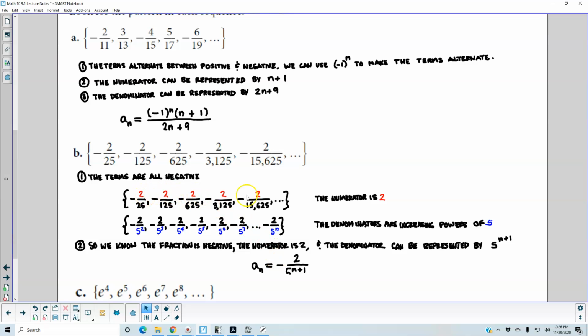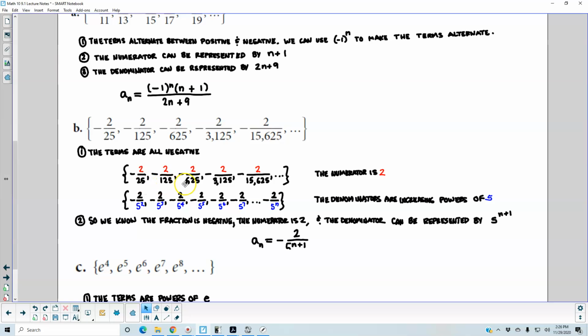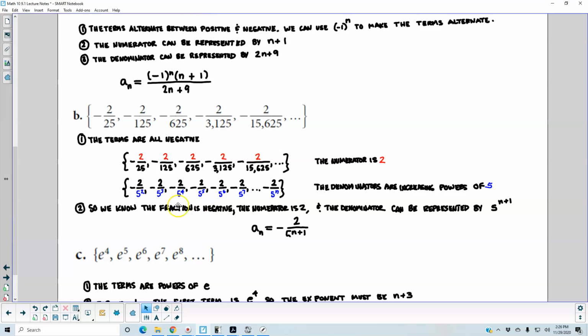We know that the numerator never changes because the numerator is always 2, but we can notice that the denominators are increasing powers of 5. That's 5 squared, 5 cubed, 5 to the 4th power, 5 to the 5th power, 5 to the 6th power, 5 to the 7th power, and so on.